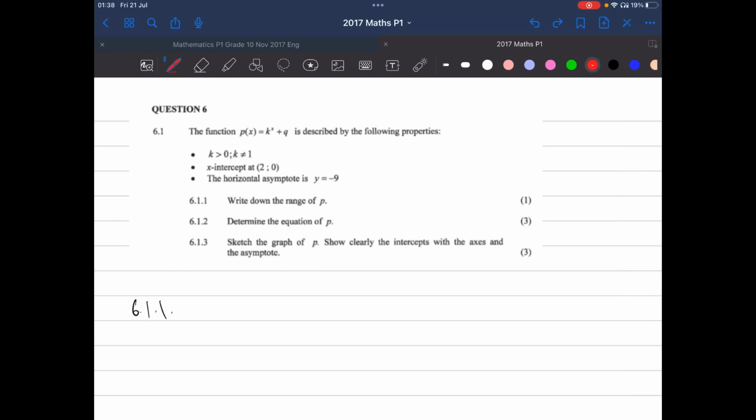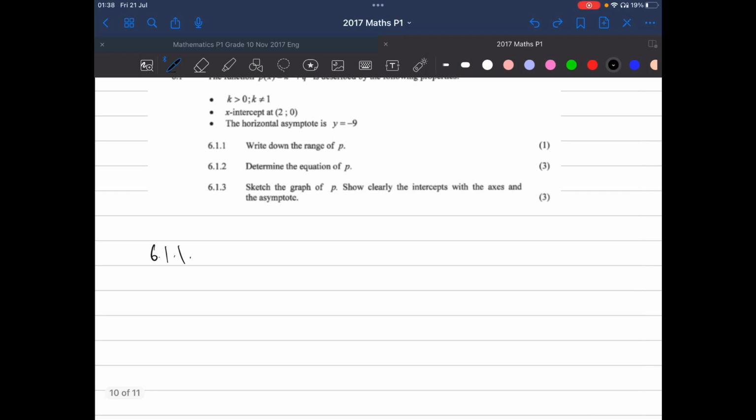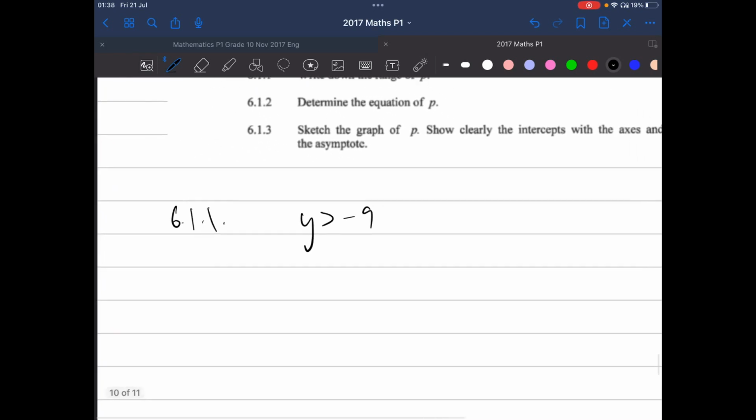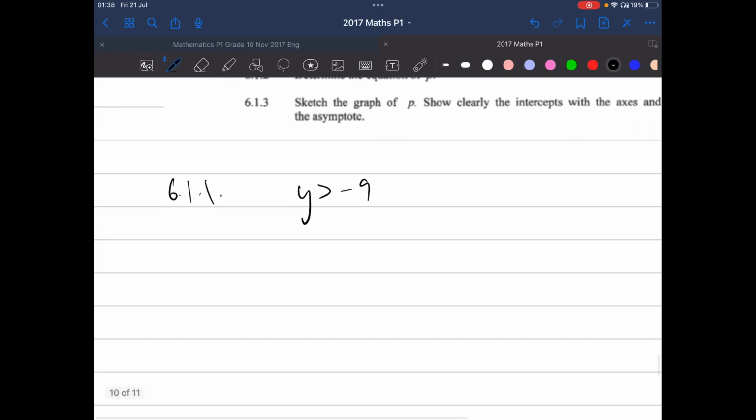So here it's minus 9. So that means that the y values will get really close to minus 9, but they won't equal minus 9. So y is greater than minus 9. Not greater than or equal to, just greater than, because then it wouldn't be an asymptote.